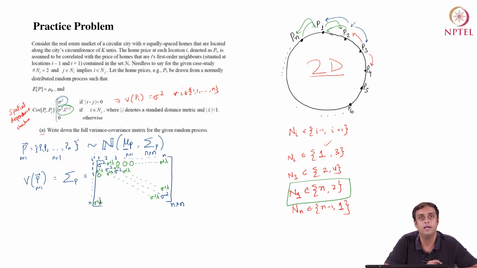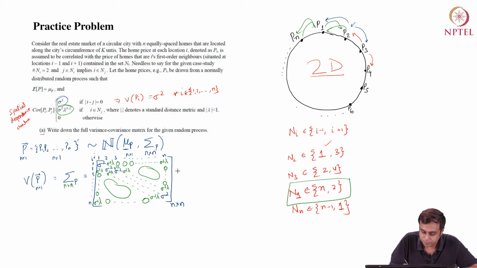So in the spirit of symmetry of the variance covariance matrix, the element in row n and column 1 of the variance covariance matrix sigma is going to be sigma squared lambda. Everything else is going to be zeros.